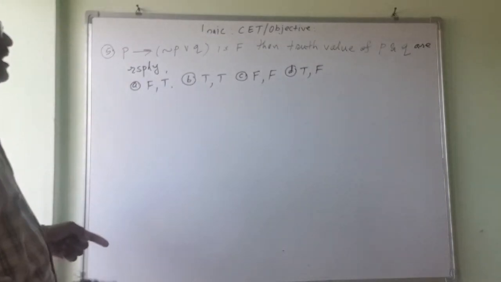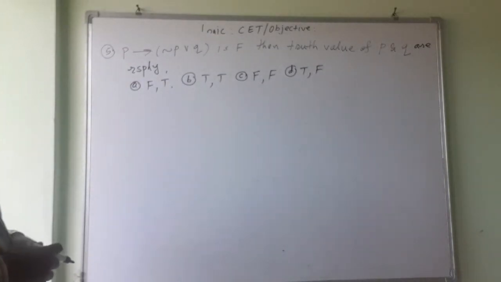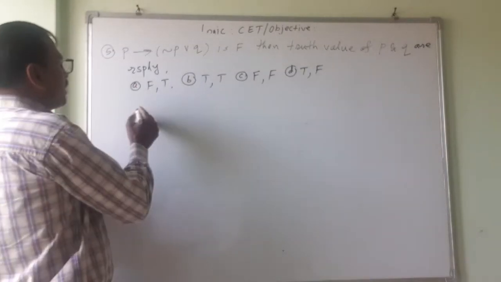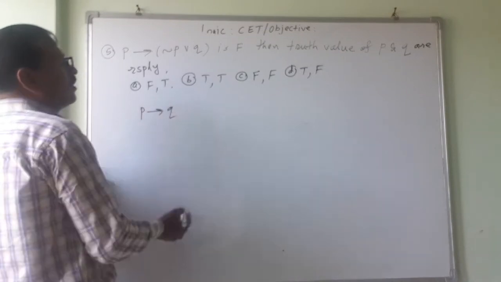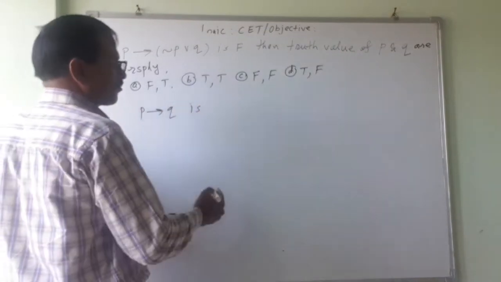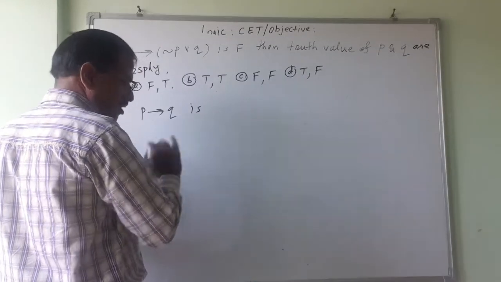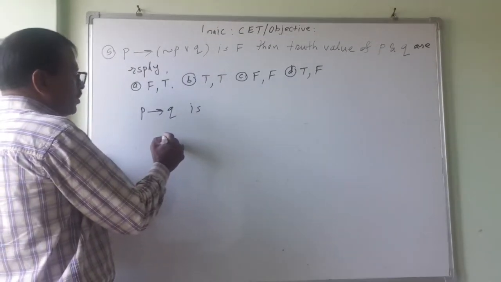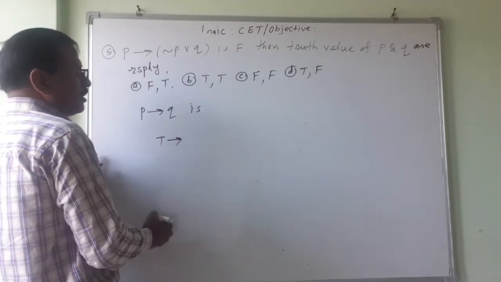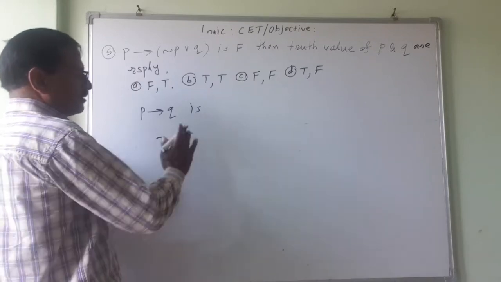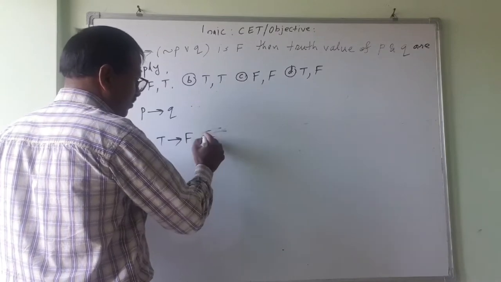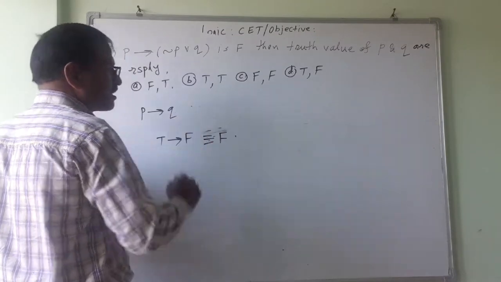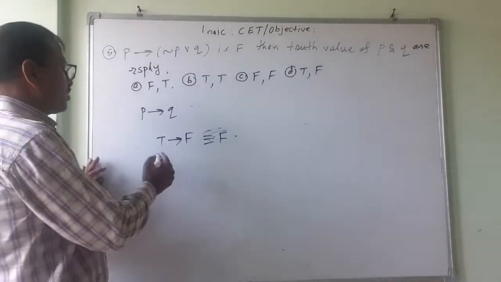For a single implication, when this is false, first of all I should know: for implication P implies Q, truth value, True implies F is F, means equivalent to F. Otherwise true.